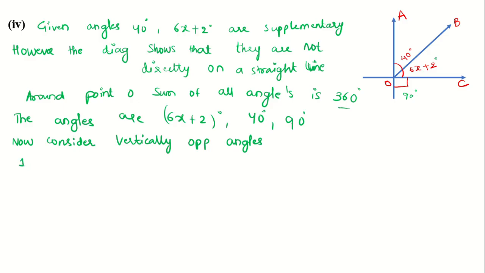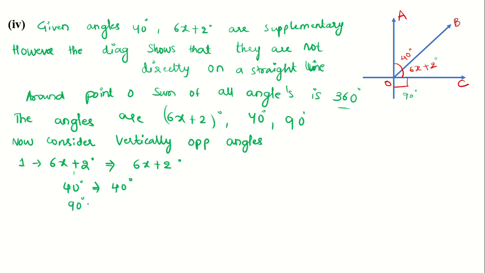The first angle we have is 6x plus 2 degrees. What will be the vertically opposite angle to this angle? It will be 6x plus 2 degrees. Next, we have 40 degrees, and the vertically opposite angle to this is 40 degrees.